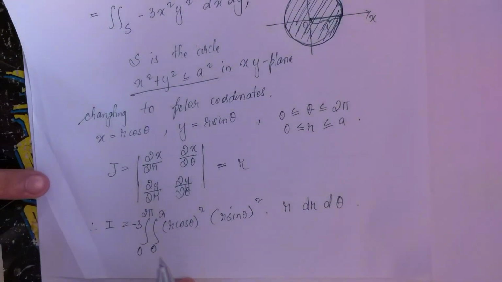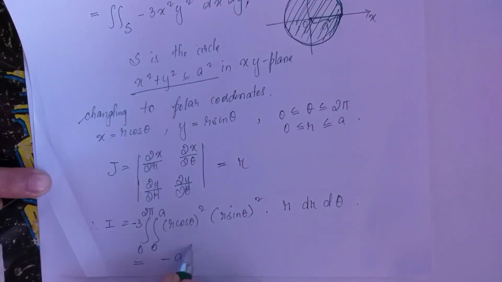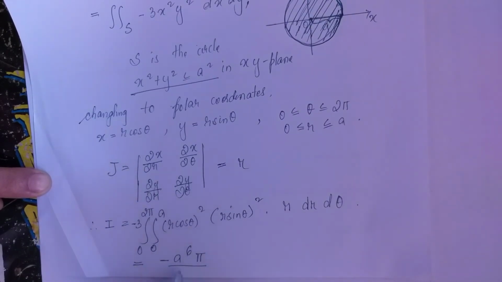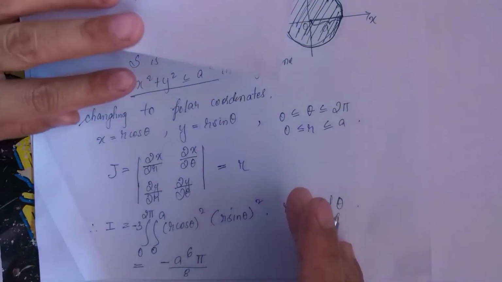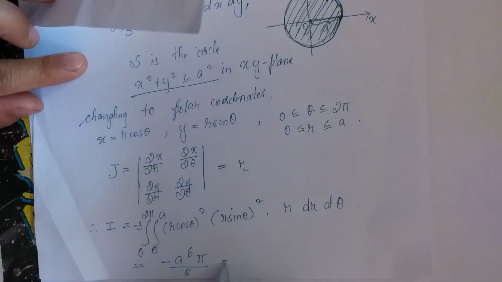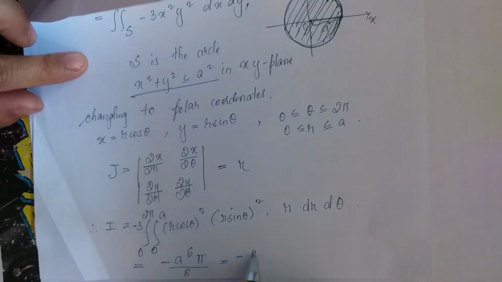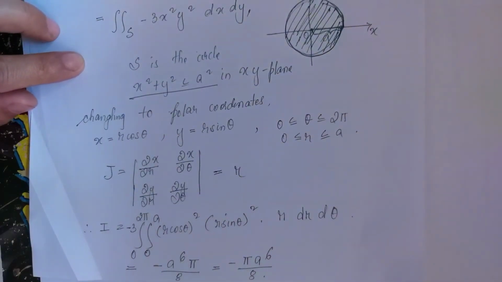If we calculate this, we get the answer equal to minus a to the power 6 pi by 8, or if we rearrange, minus pi a to the power 6 by 8.